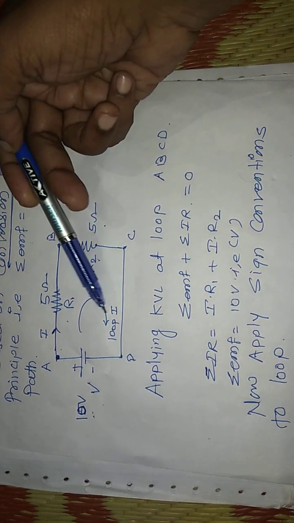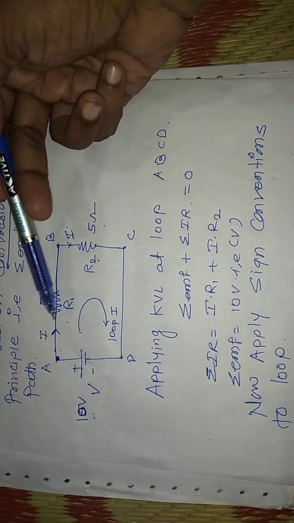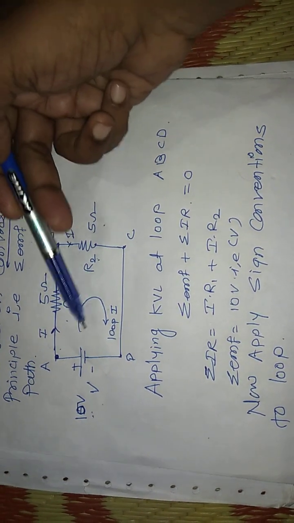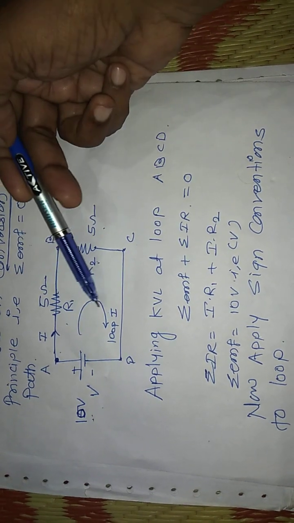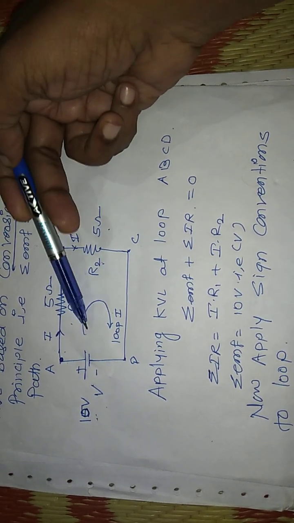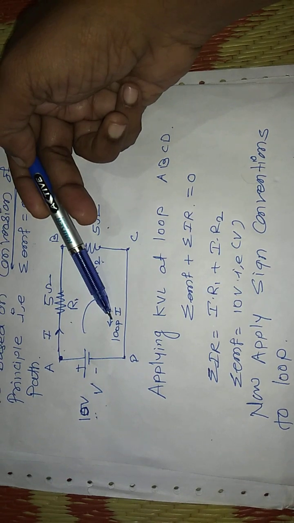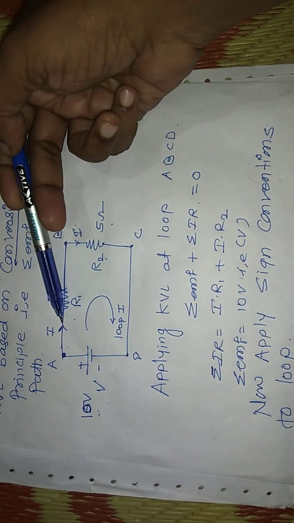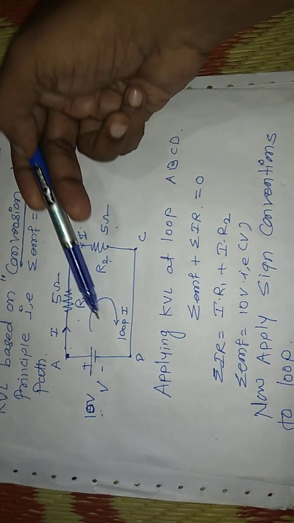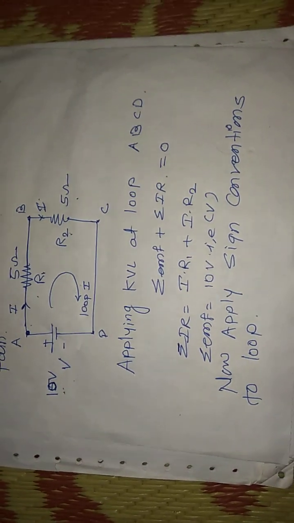You have to trace the loop in a clockwise direction. If the loop direction and the current direction are the same, then take the minus sign. We will see how with problem solving.